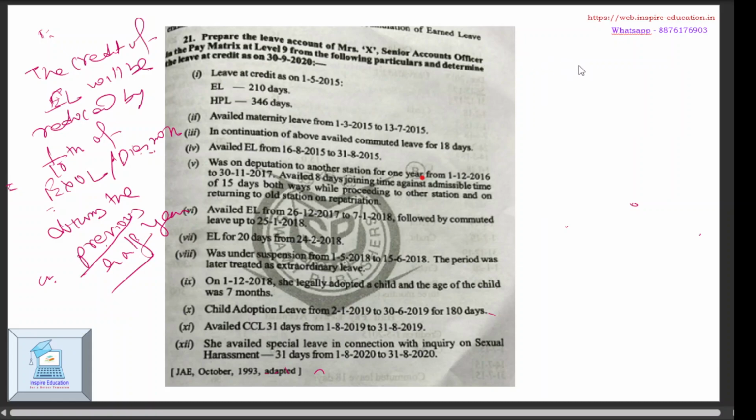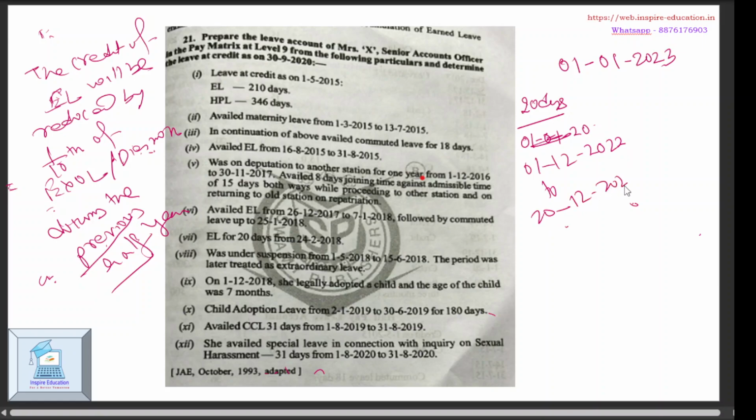Let's suppose we'll be crediting the EL of a particular employee. Let's say there was a dies non period of 20 days in the previous half year, from 1st December 2022 to 20th December 2022.